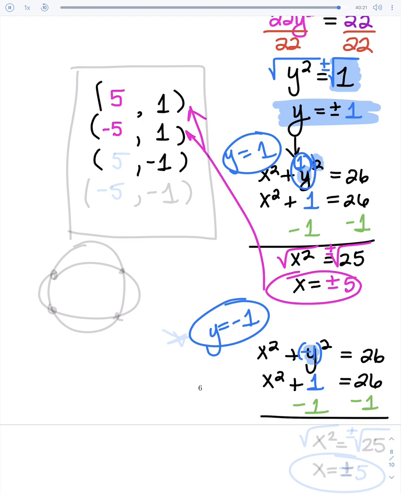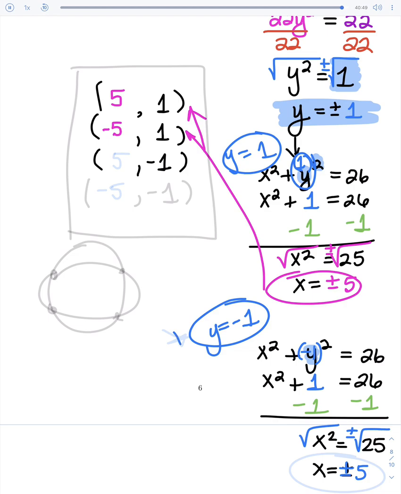And that'll do almost the exact same thing as last time. We get x squared equals 25. And just like before, we've got to take the square root of both sides of the equation. Again, it gives us a plus or minus symbol in front of our answer, so x equals plus or minus the square root of 25, which is plus or minus 5.